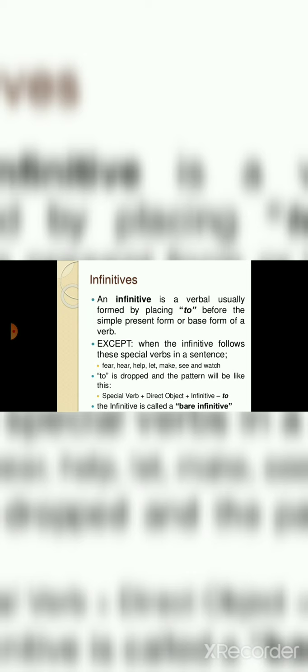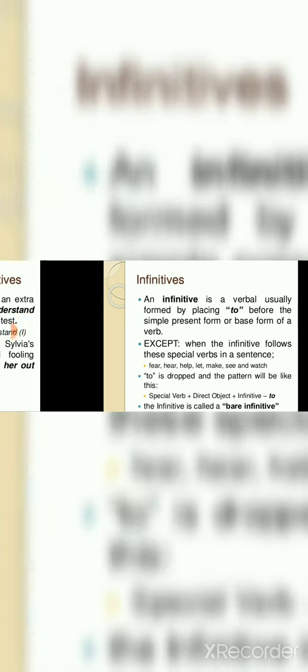So for finding the error, we need to understand the right forms of using gerunds, infinitives and participles. "To" is dropped and the pattern will be like this: special verb plus direct object plus infinitive without "to". The infinitive is called a bare infinitive, where we remove the "to".